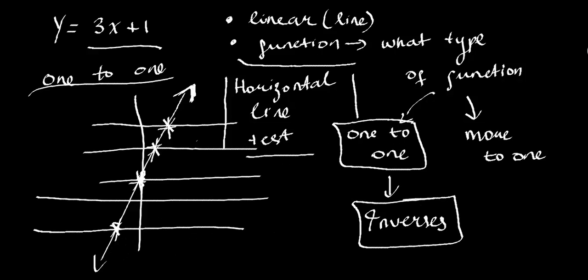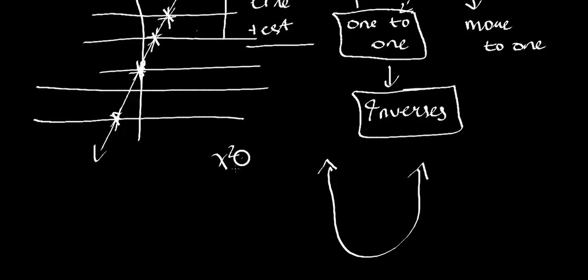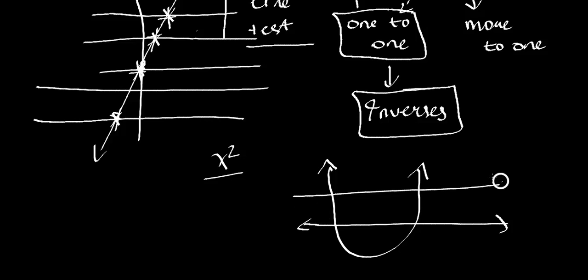So great. An example of a more-to-one is a normal parabola, x squared, for example. You always have to check which function it is by making a horizontal line, so make it pass the horizontal line test. But look at this.